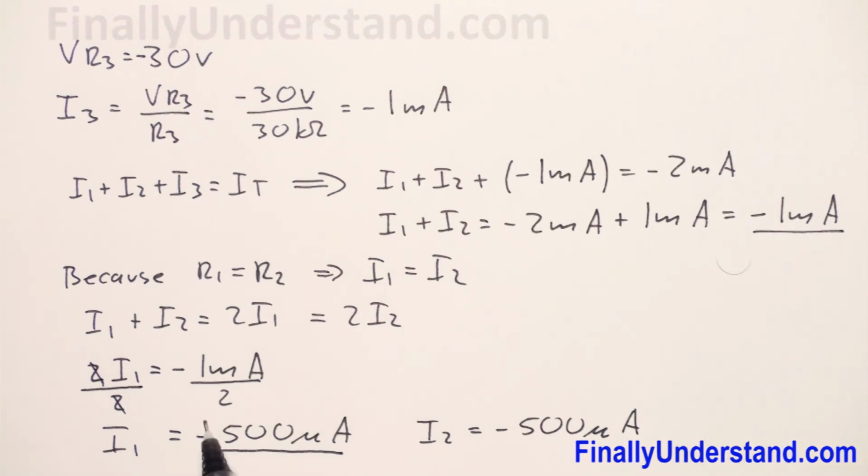We found the currents which go through resistors R1 and R2. Next, we're supposed to find P2. P2 is equal to I2 times VR2, where I2 is equal to negative 500 microamps times VR2, which is equal to negative 30 volts.